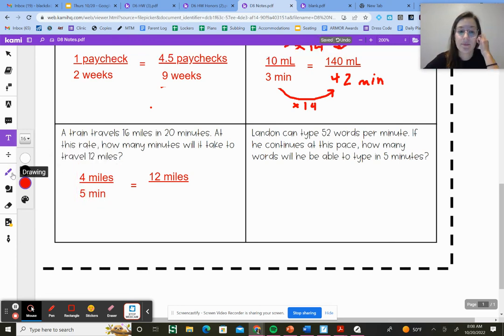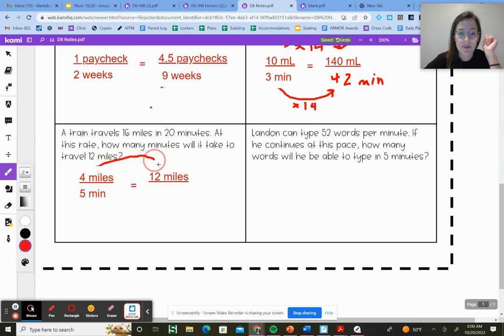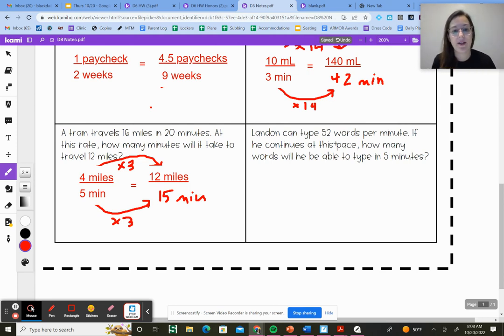So now that it's simplified, this is going to be real easy because now we got 4 times 3 is 12 and 5 times 3 is 15. So there we go. 15 minutes. So that's another good strategy, is if you can simplify it, it might make it easier.